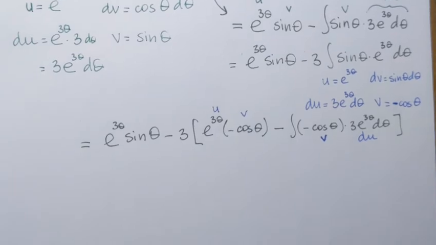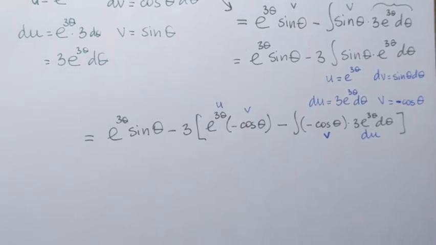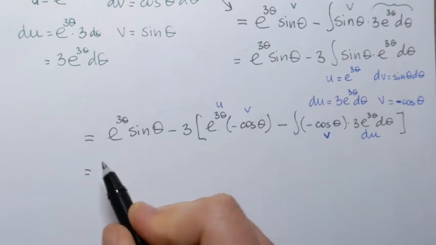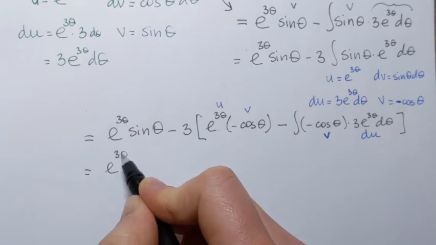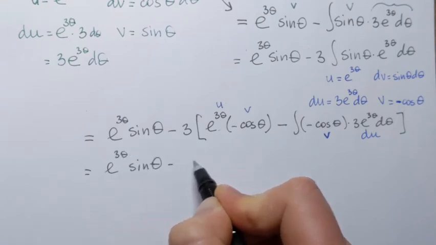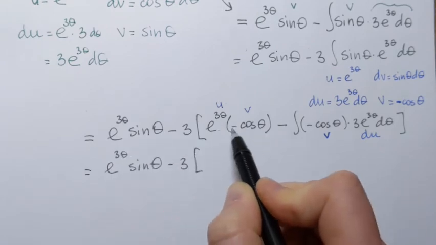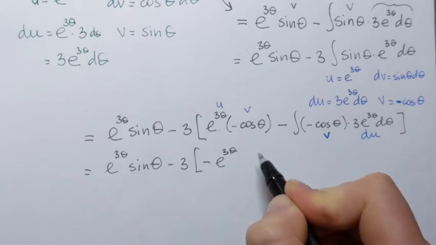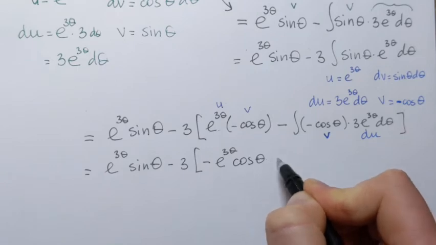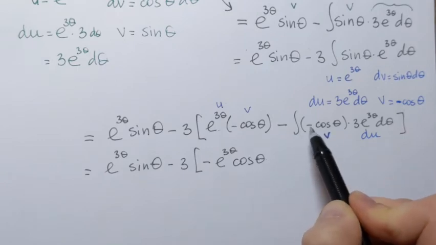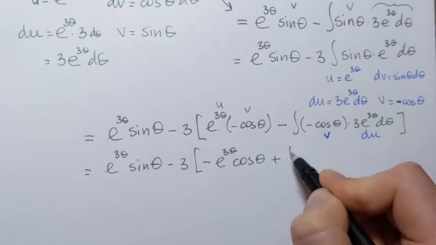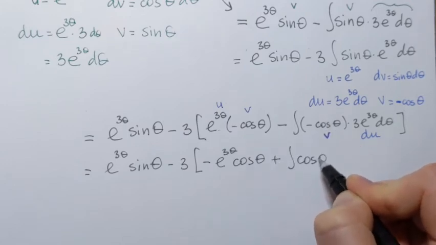Well, I'll need to simplify, so there are a few negative signs that I want to be careful with. What I'll do, first I'll simplify everything inside the brackets: e to the power 3 theta sine theta minus 3, and now inside the brackets I have this negative, so it's negative e to the power 3 theta cosine theta, and then this negative I can put in front of the integral, but then I have another minus, so it's going to be plus integral of cosine theta.